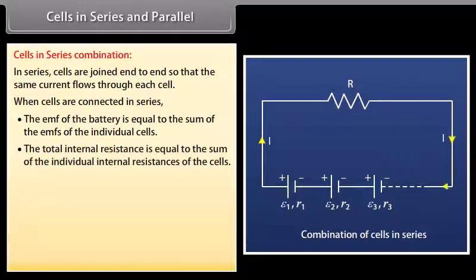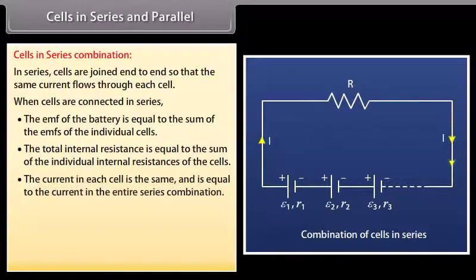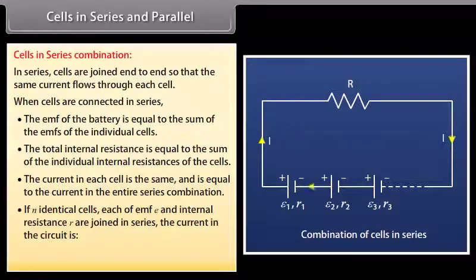The total internal resistance is equal to the sum of the individual internal resistances of the cells. The current in each cell is the same and is equal to the current in the entire series combination. If n identical cells, each of EMF E and internal resistance R, are joined in series, the current in the circuit is equal to nE/(R + nR).